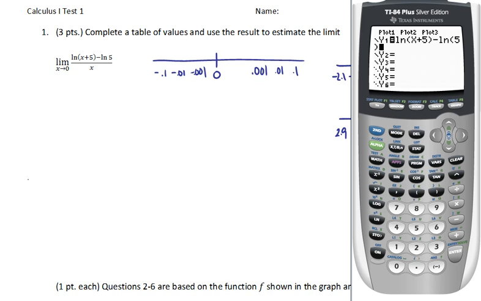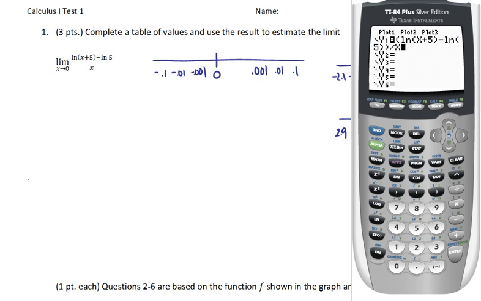And if you forget, you can start up at the top. You can hit second, insert, and put a parenthesis there. Put a parenthesis at the end, divided by x. If you don't put parentheses around that whole expression, around the numerator, then you will have mistakes in your values.